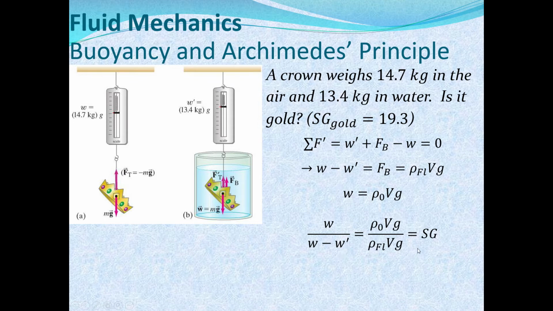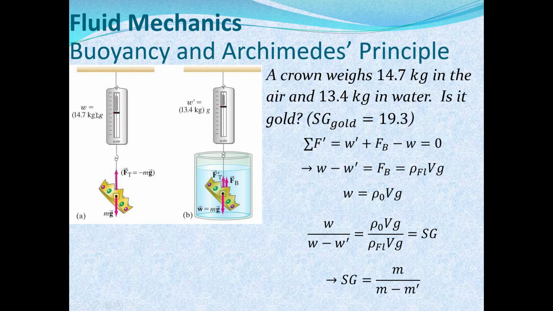Like I said, being asked for specific gravity hints that I want to find a way to rewrite the density of the object relative to the density of the fluid. So I end up getting this relationship.